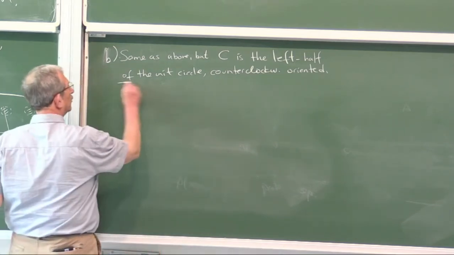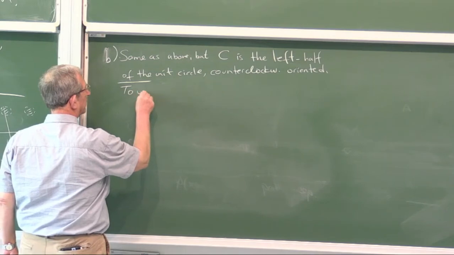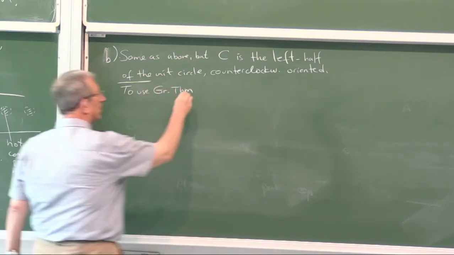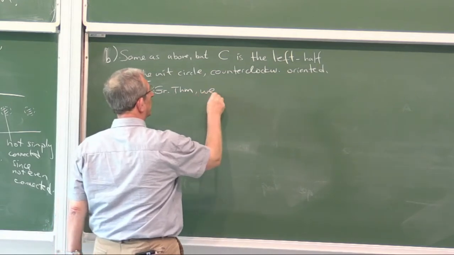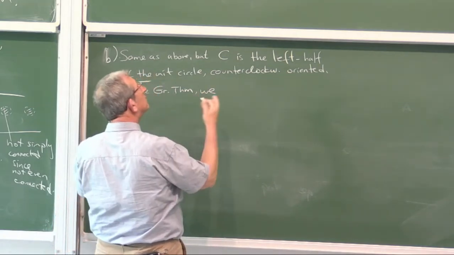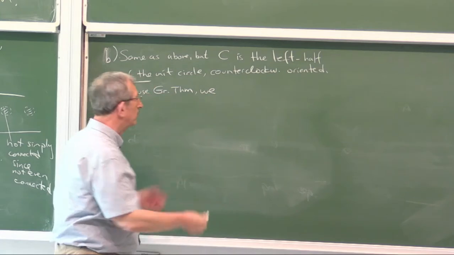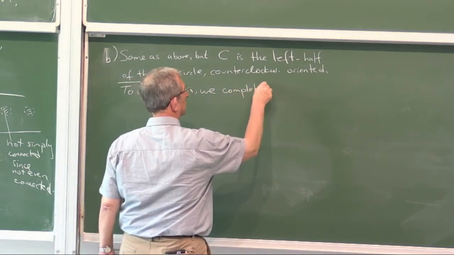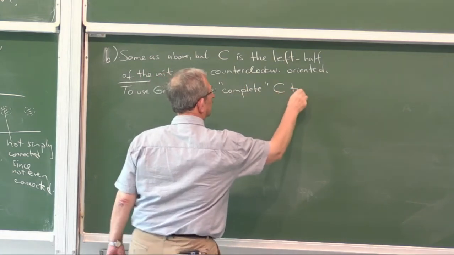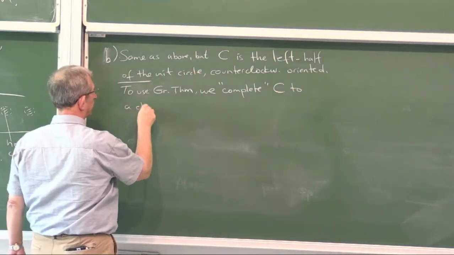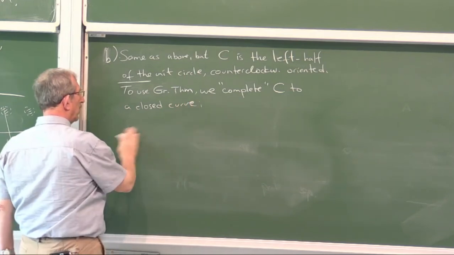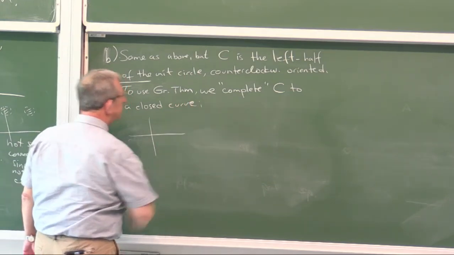So, to use Green's theorem, we, for example, complete C to a closed curve. Well, we can do it in many ways.